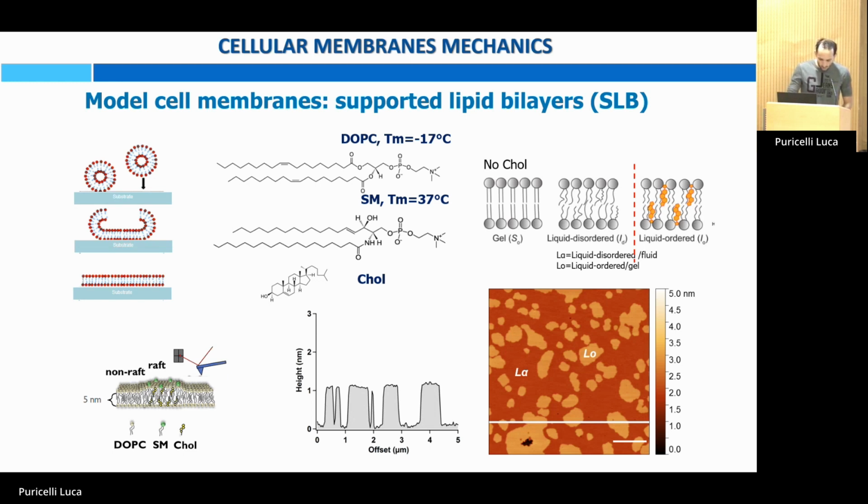So what we see here is a map of the topography of a cellular model membrane with some small islands made principally of sphingomyelin and cholesterol, but we don't speak about gel state. We speak about liquid ordered state for the islands, and liquid disordered state for the background, let's say.